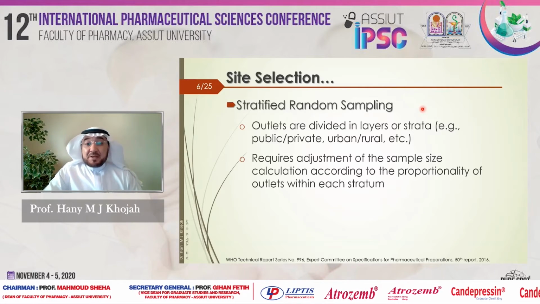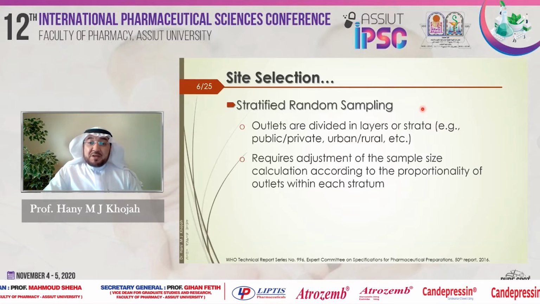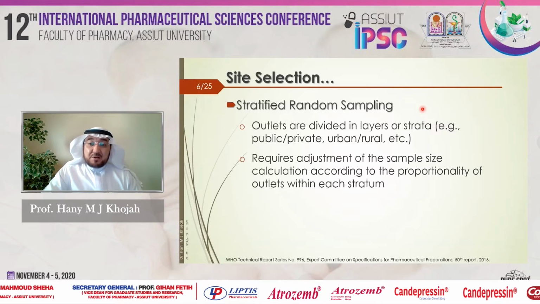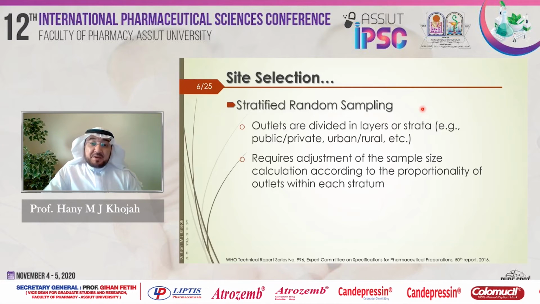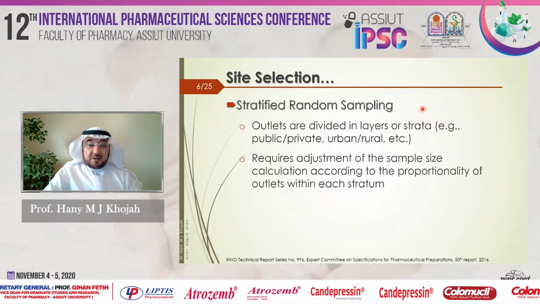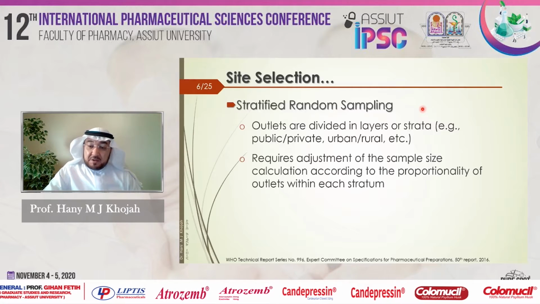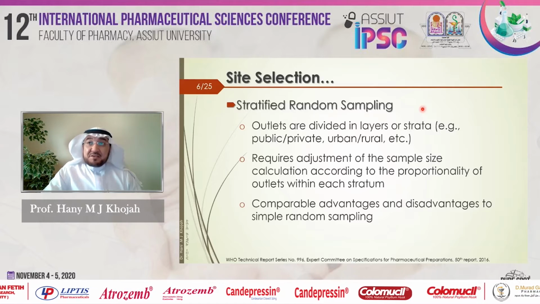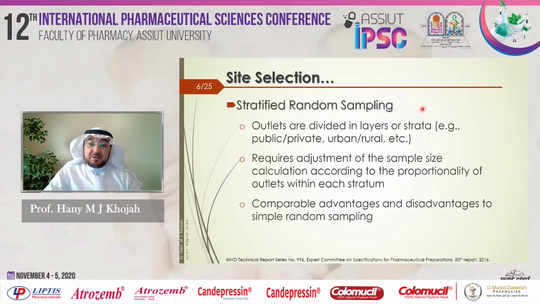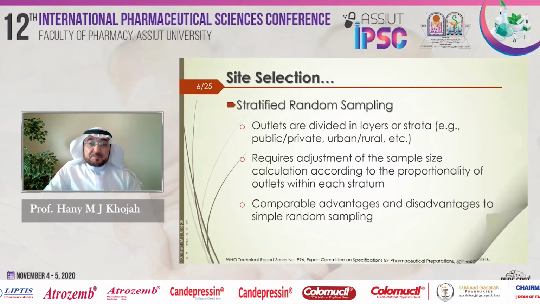I mean random sampling, of course. So we have to adjust for the sample size according to the proportionality of the pharmacies within each stratum, each layer, each district, whatever our definition is. It has a comparable advantages and disadvantages to the simple random sampling, of course.